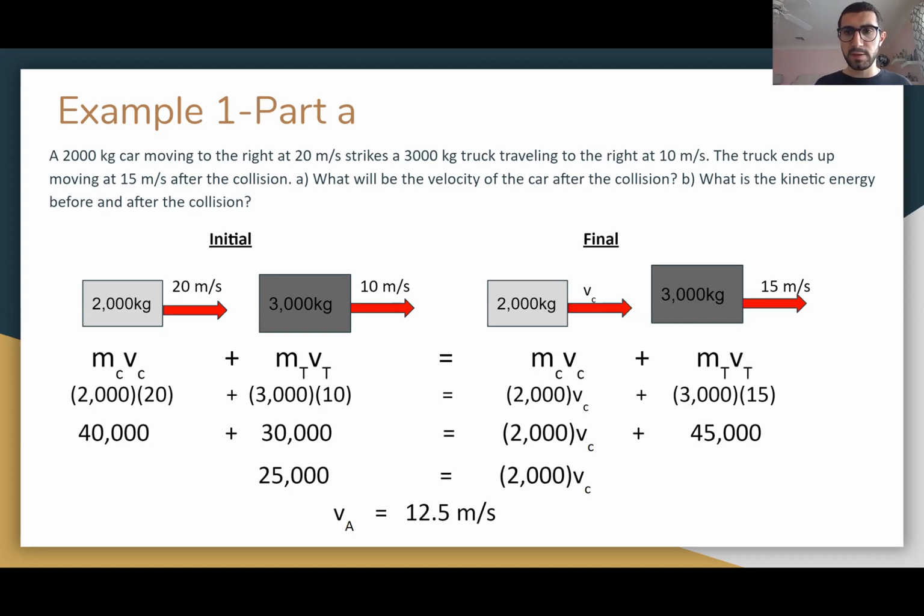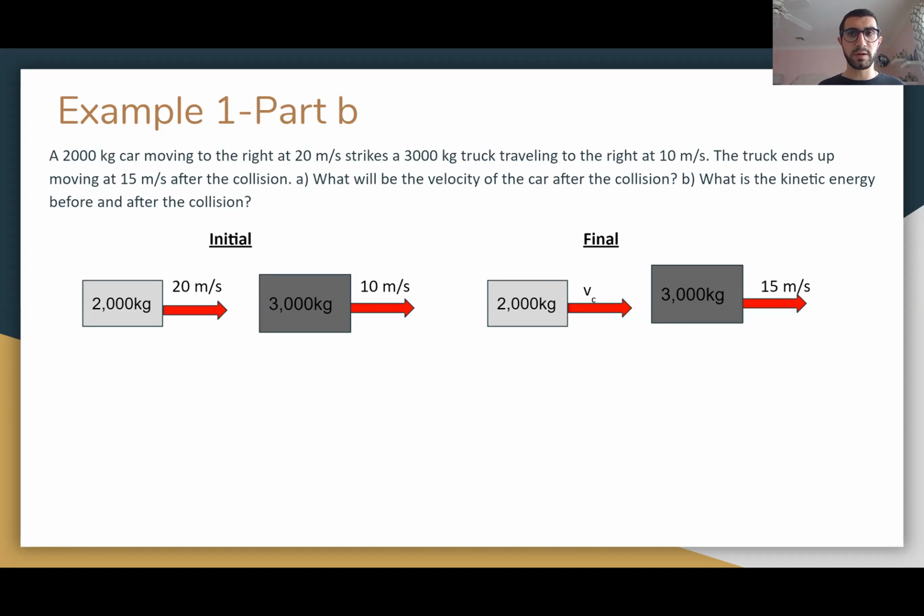So this is part B: what is the kinetic energy before and after the collision? Well, we have our formula of 1/2 mv squared. And just like conservation of momentum, we have to apply that formula to each object in our system.